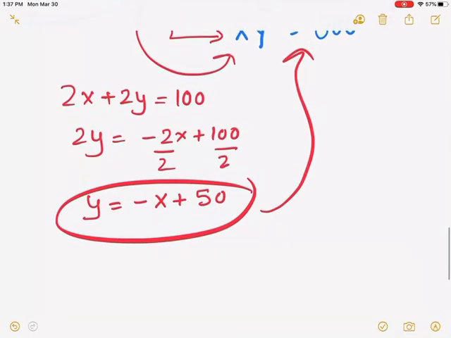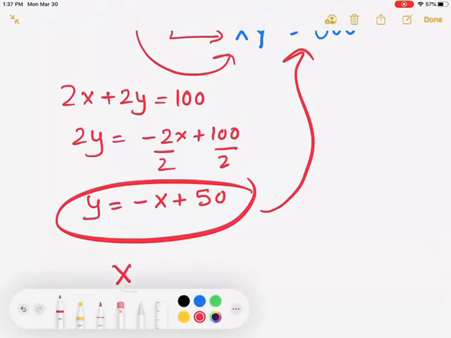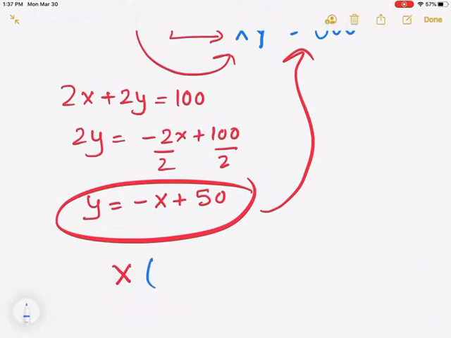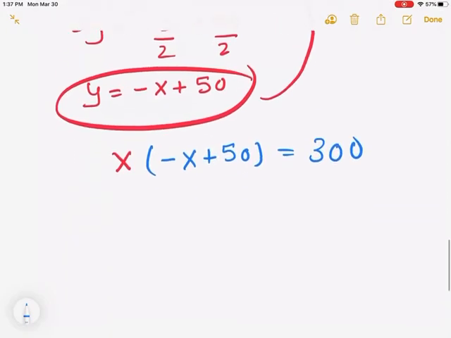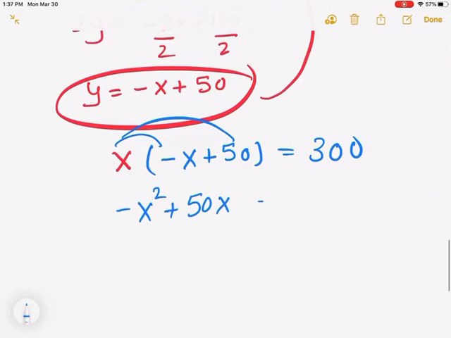So x would stay the same, and y would be negative x plus 50, and it's equal to 300. Let's solve. Let's distribute first. So negative x squared plus 50x, and it's equal to 300.